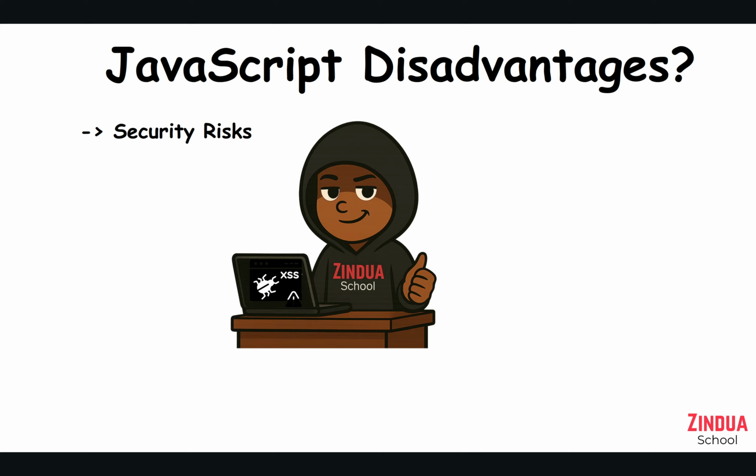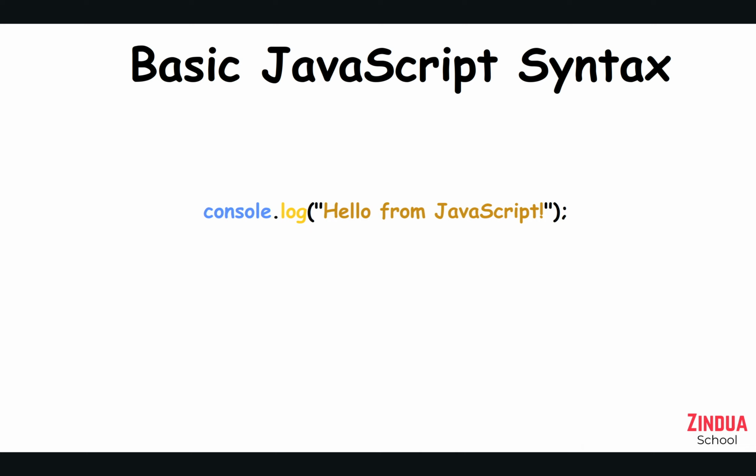Now, let's see what I mentioned, something called a syntax. For you to understand a programming language, you need to understand syntax. Syntax is basically the rules governing how you should write code.